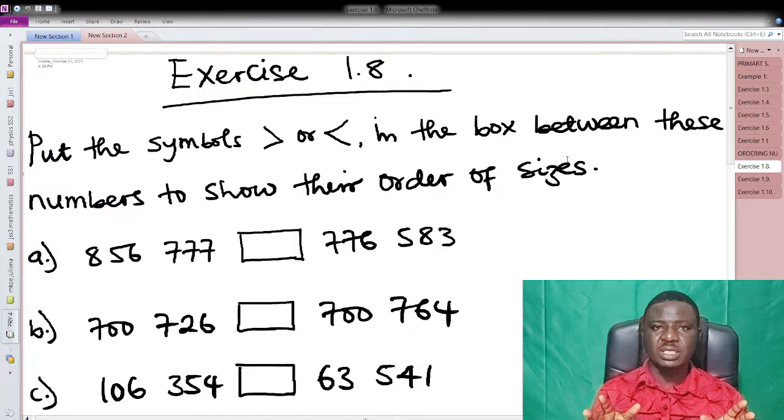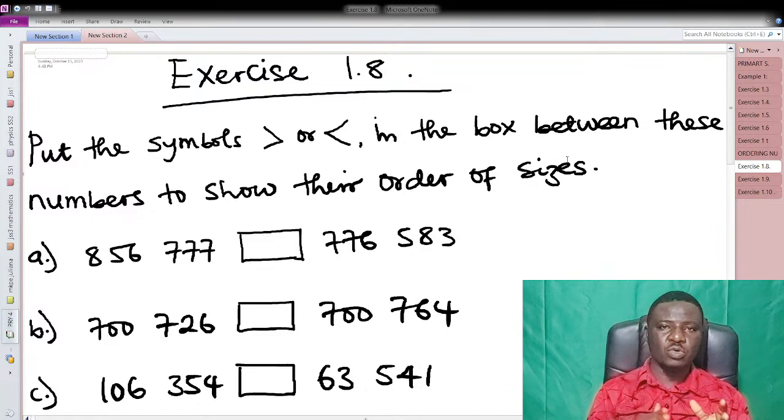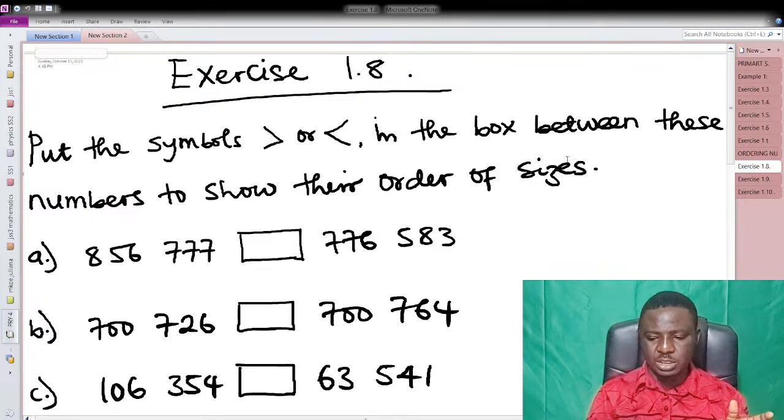In today's class, we have been able to learn more exercises on place values of numbers, and also how to order numbers, to know which number is greater, in terms of hundreds, tens and units, thousands, tens of thousands, hundreds of thousands, millions, billions, and what have you.